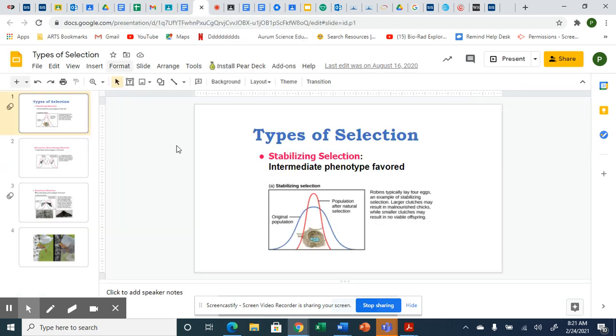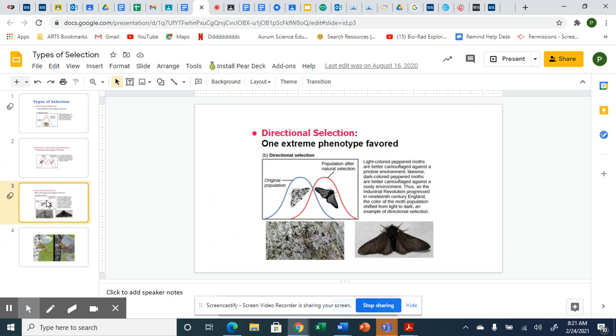Let me go to this picture. What happened in England was really interesting because these moths matched the tree trunks, and so they could hide very easily.